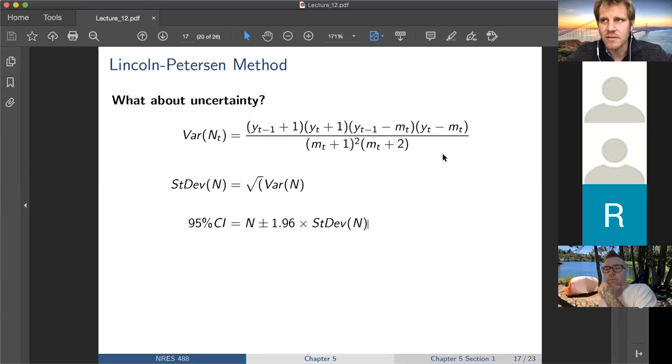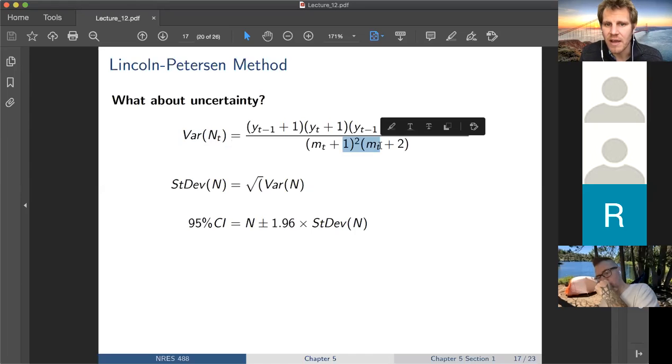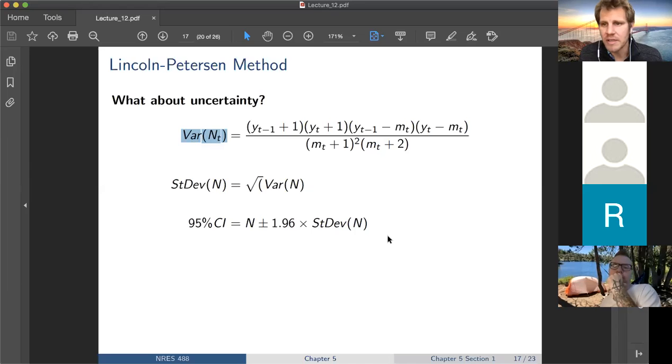We're not necessarily talking about those characteristics in this class, but that's where these plus 1, plus 2 come from. All we need to know is the equation for the variance of N of t, and that'll allow us to plug in our values for our data here and give us an estimate of variance. Then we need to know how to convert that to standard deviation and make uncertainty credible intervals around our parameter estimate N.